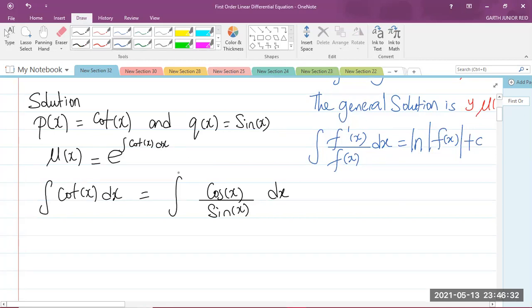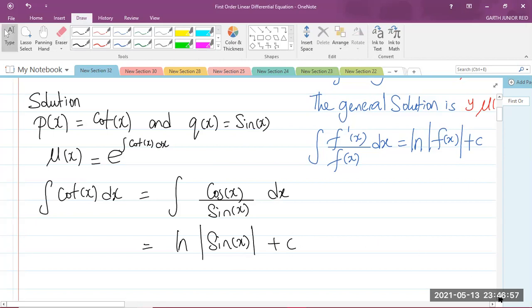In this case, we have the integral of cos over sine. The derivative of sine is cos, so it fits the rule. So this is equal to the natural logarithm modulus of sine x, plus c, of course.